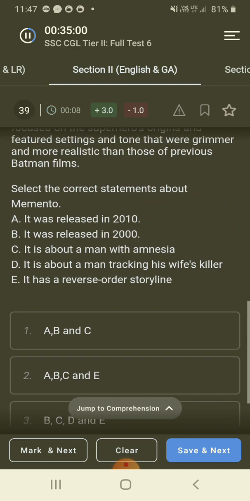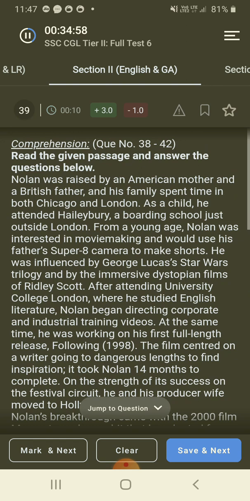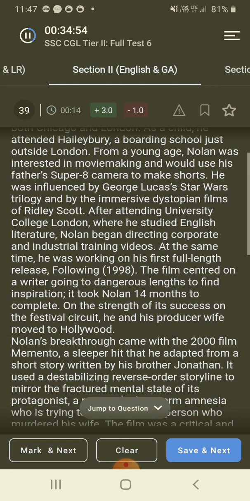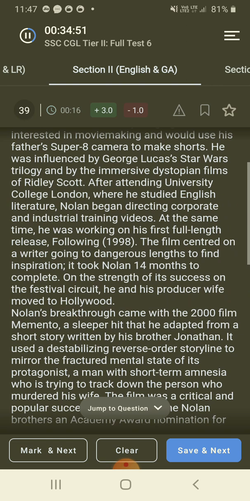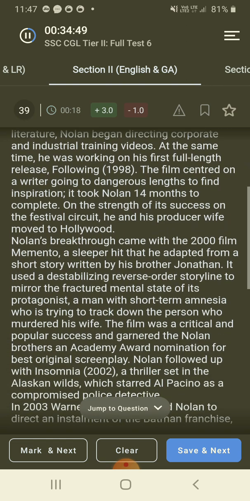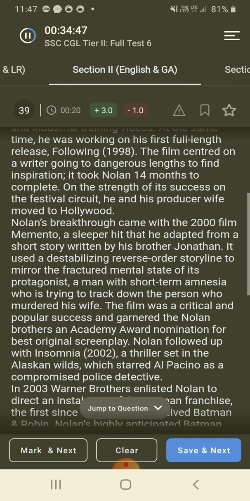Select the correct statement. Memento. Nolan's breakthrough came with the 2000 film Memento, a sleeper hit that he adapted from a short story written by his brother Jonathan.